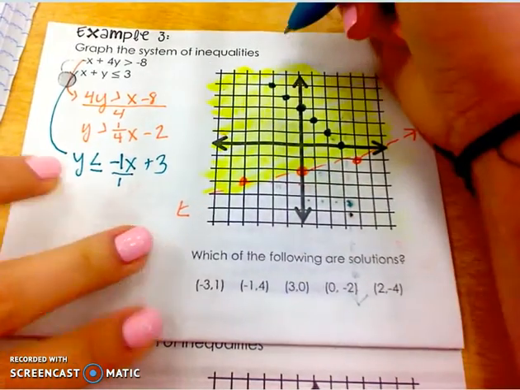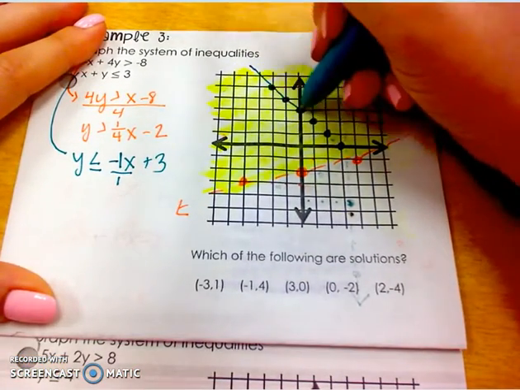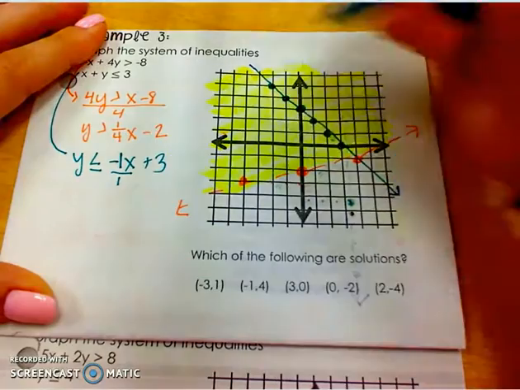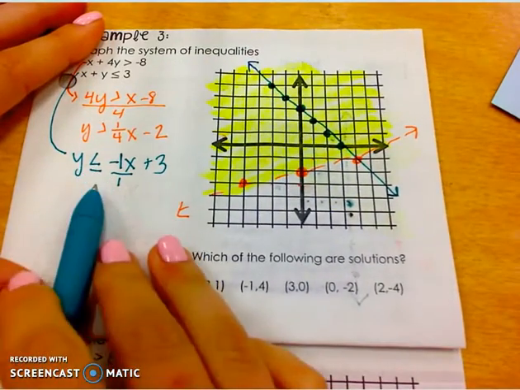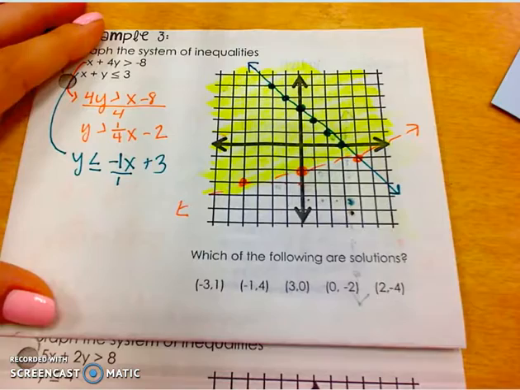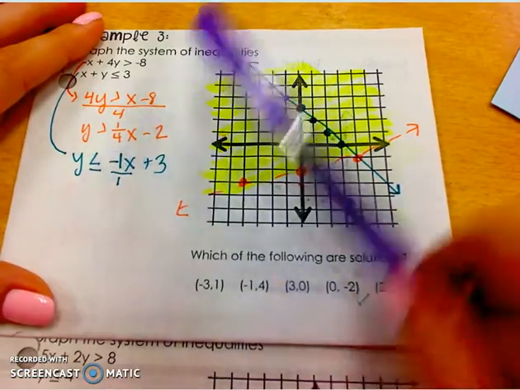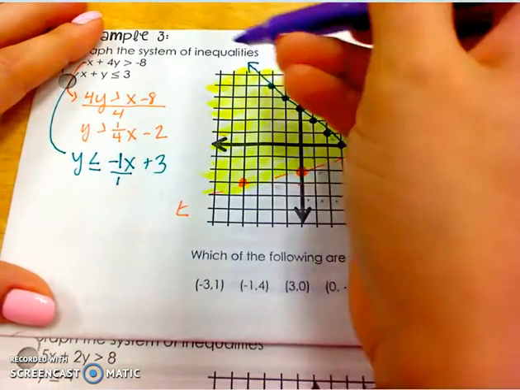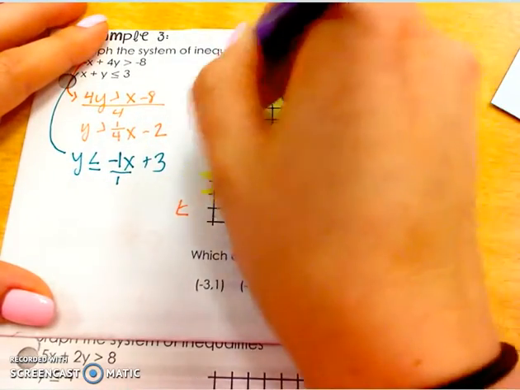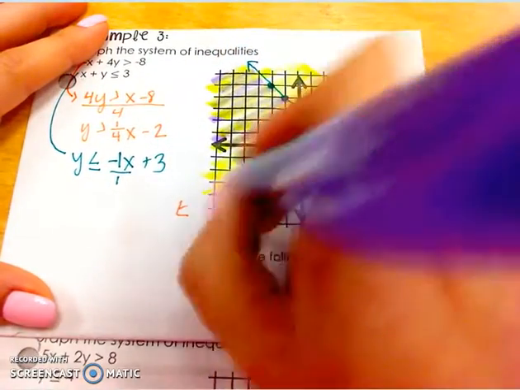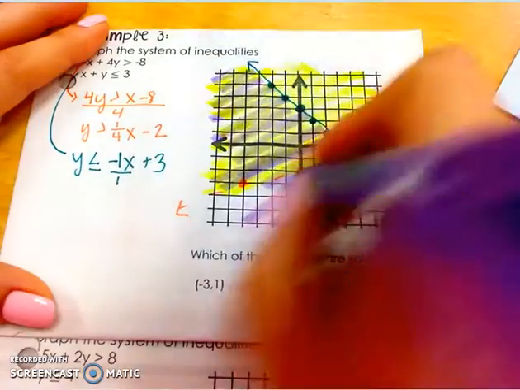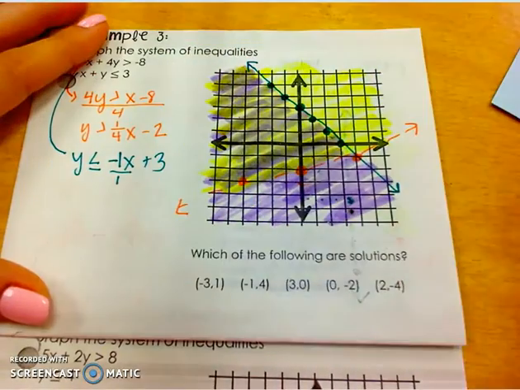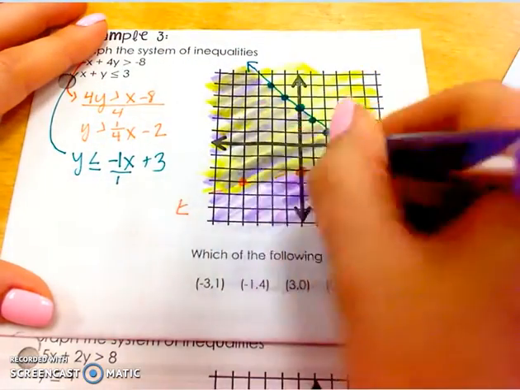Your line is solid because it does include that equals to sign, that or equal to. And then your shading. Y is less than all this stuff, so it's everything smaller. So this is kind of your double shaded region in here.